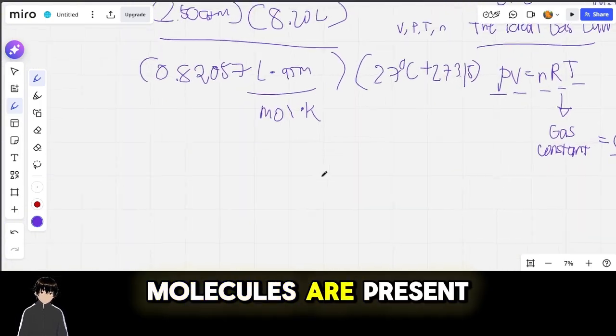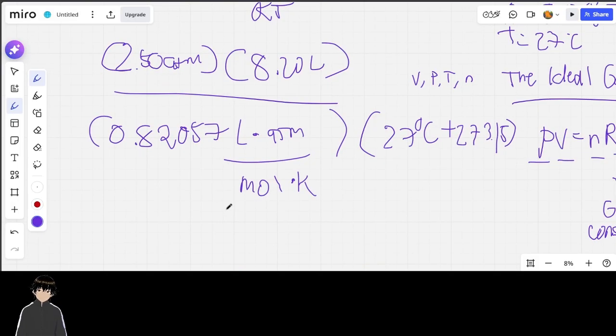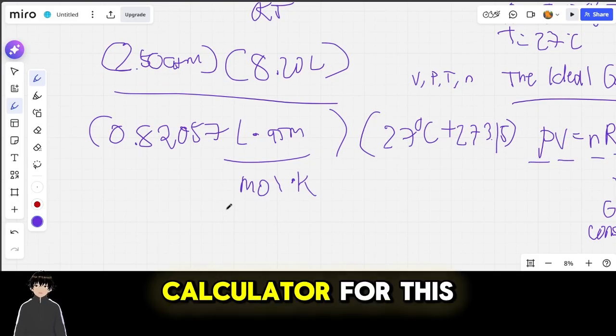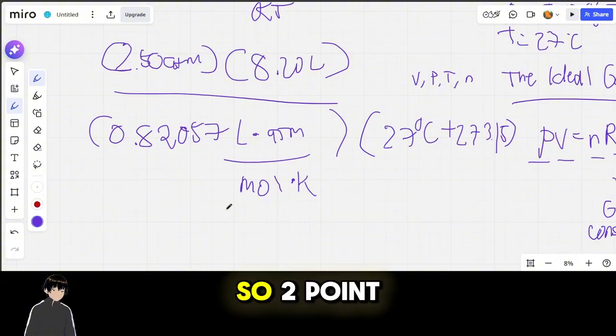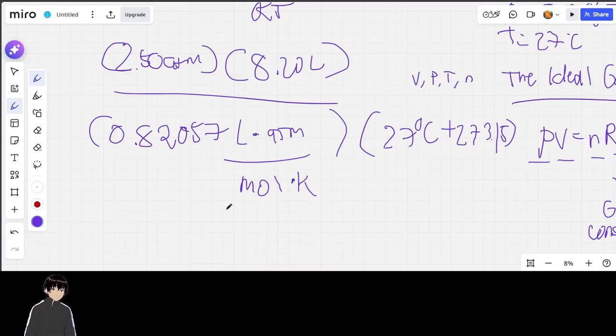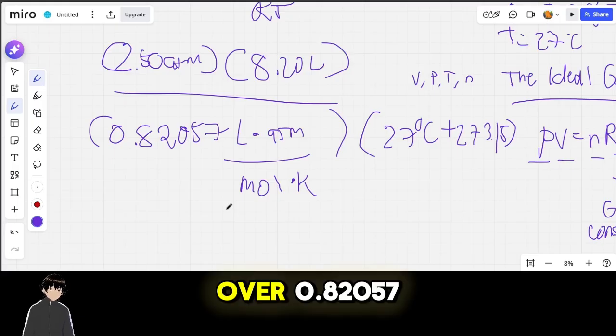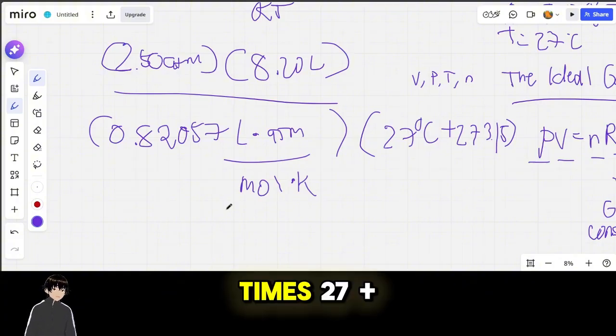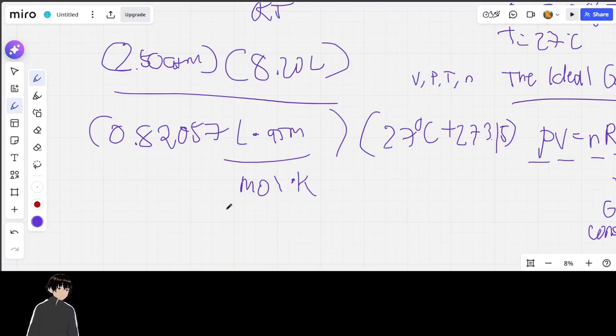Okay, so how many moles of gas are present? Obviously, we're going to use a calculator for this. So 2.50 times 8.20 over 0.82057 times 27 plus 273.15.